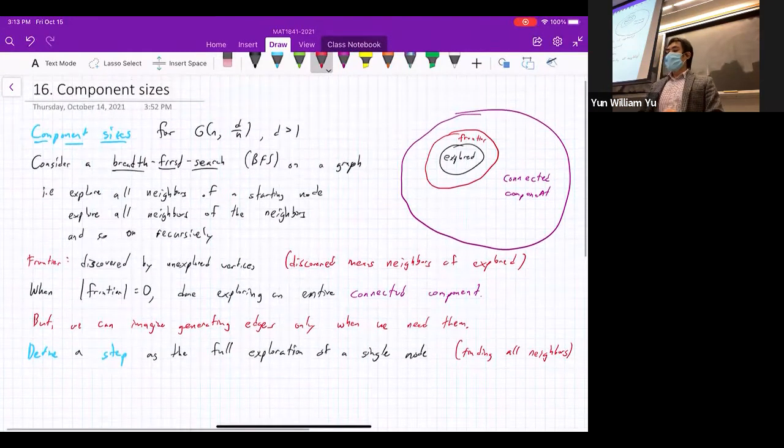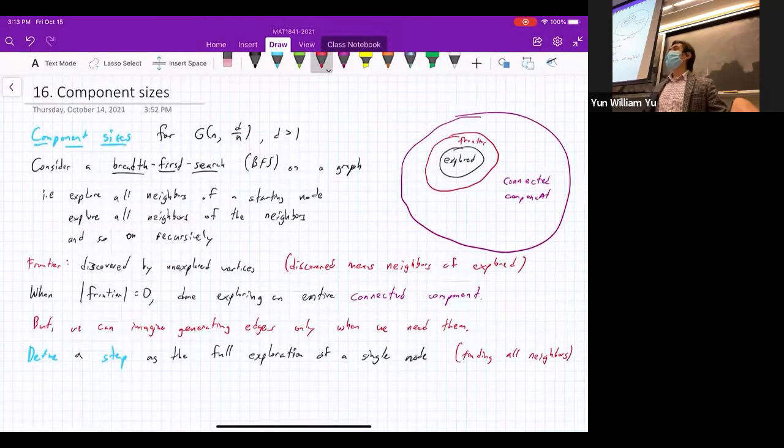So the basic idea is we're going to imagine exploring a graph starting from some location. The way it's going to work is you're going to start at some location, look around to see which other nodes you're connected to as neighbors, and that'll be your frontier. Then at each step, you walk to one of the nodes in your frontier, and then you repeat the process.